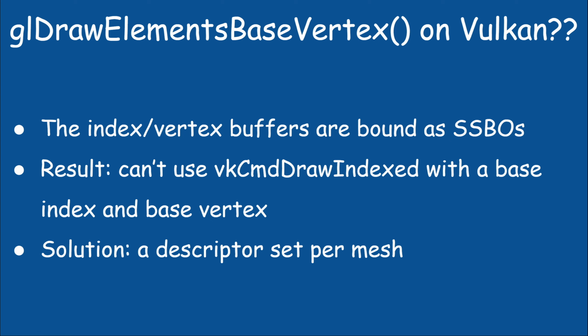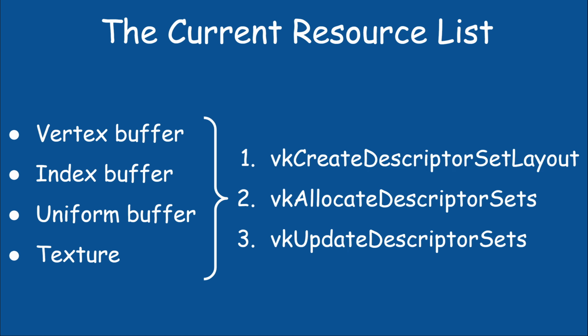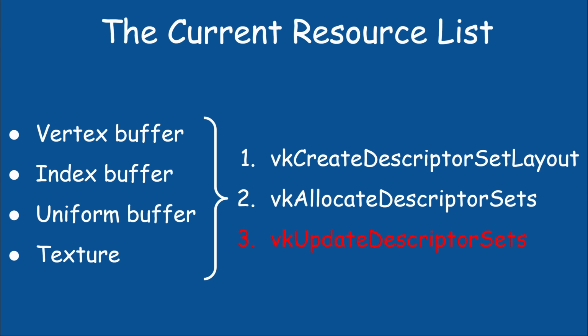One possible solution to this problem is to create a descriptor set per mesh. The descriptor set layout for our current shader program specifies 4 resources: a vertex buffer, an index buffer, a uniform buffer, and a texture. Remember that we need to allocate a descriptor set for this layout, and then call vkUpdateDescriptorSets to write the resource handles into the descriptor sets.